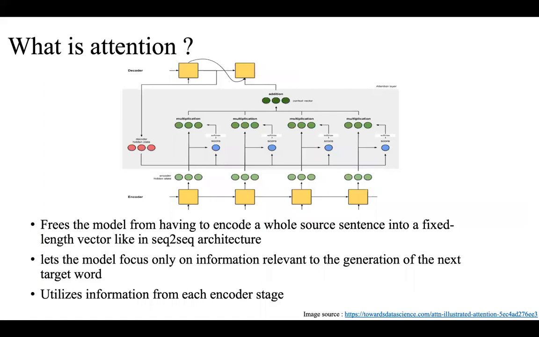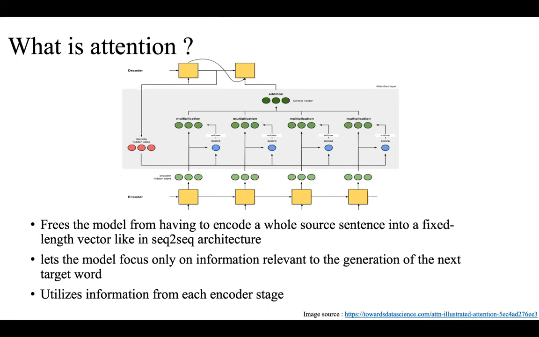But in sequence to sequence architecture, we used to depend on only one fixed length vector, where all the sentence information is captured in that vector, and that is given as input to the decoder, and all the stages of decoder try to generate the target word only on the basis of that particular vector.